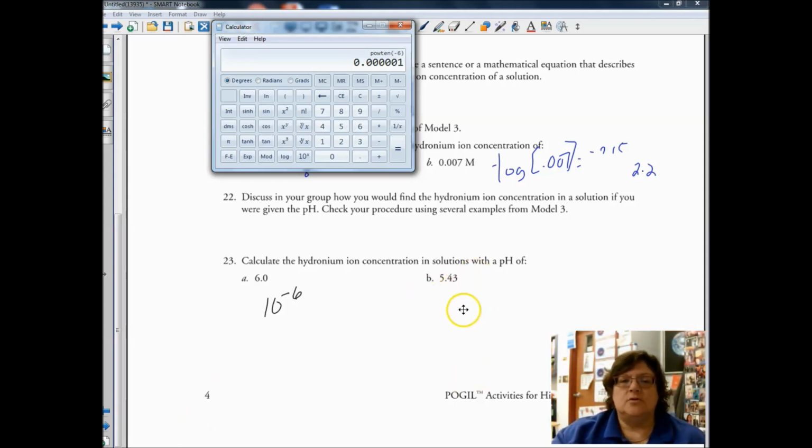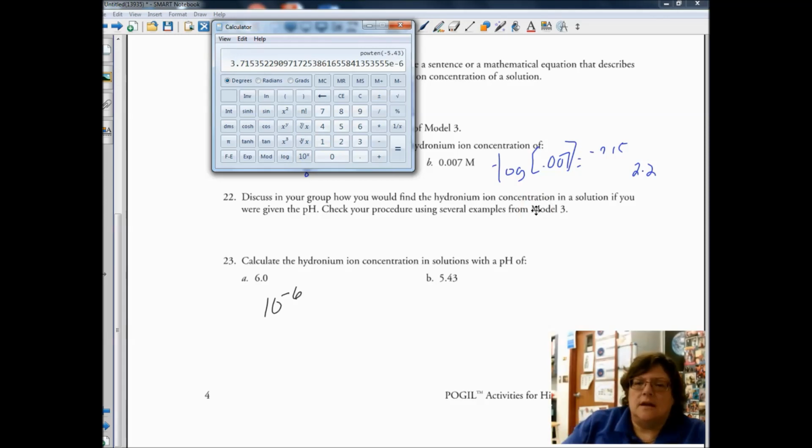Alright, so same story for this. I'm going to clear it out, negative 5.43, and then if I click the little negative on this, 5.43 negative, power of 10, I get 3.71 times 10 to the negative 6.